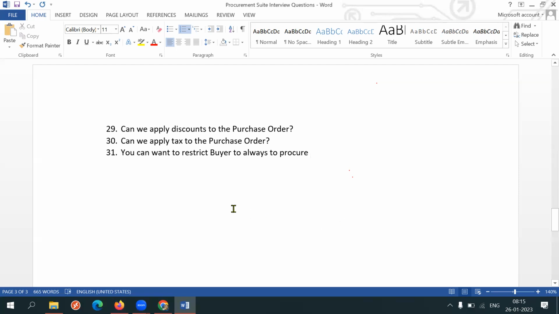You want to restrict the buyers to always procure the material from an approved supplier.